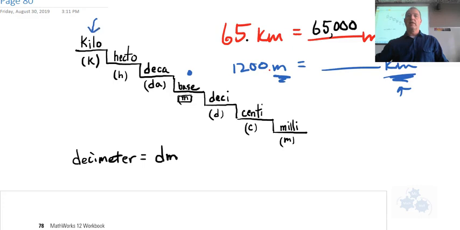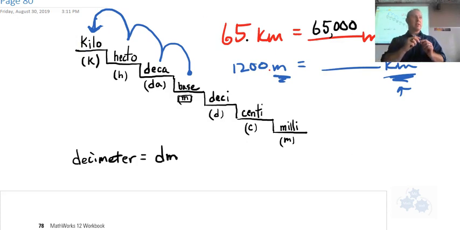It's over here, isn't it? Kilo, see? So I have to go 1 step, 2 steps, 3 steps to get to kilometers, from the base unit to kilo. And so those 3 steps up the staircase represent the decimal place moving 3 steps to the left. So this decimal place is going to go 1, 2, 3, and it's going to land right here. So we would write 1.2, and you don't have to write the zeros after.